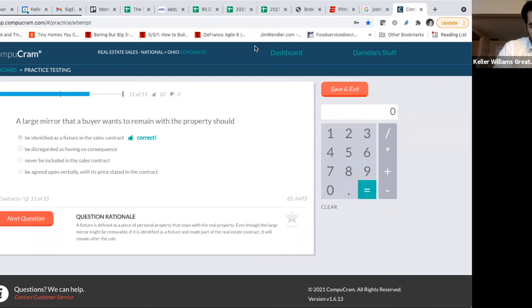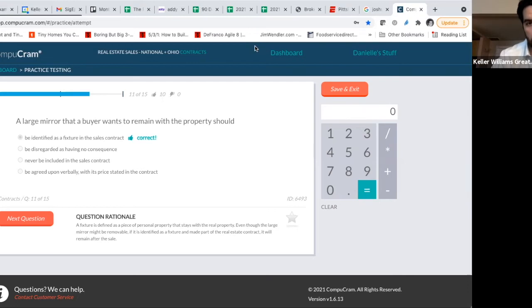So a fixture is going to be a defined piece of personal property that stays with the real property. So in real life practice, be sure that you are identifying things like mirrors; even chandeliers are heavily disputed items, especially things that could be removable.